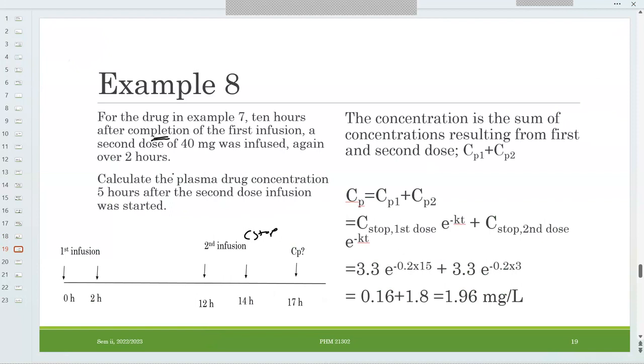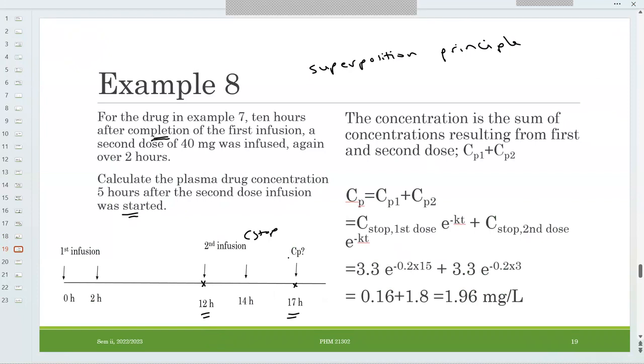So they want to calculate the plasma drug concentration 5 hours after the second dose infusion was started. So 5 hours from the start, not from the end of the second infusion. The second infusion started here. Add 5 hours to 12 and that gives 17 hours. I want to calculate the level. How to calculate it? You remember the superposition principle. We said the level at any point is the sum of the levels from all the doses.